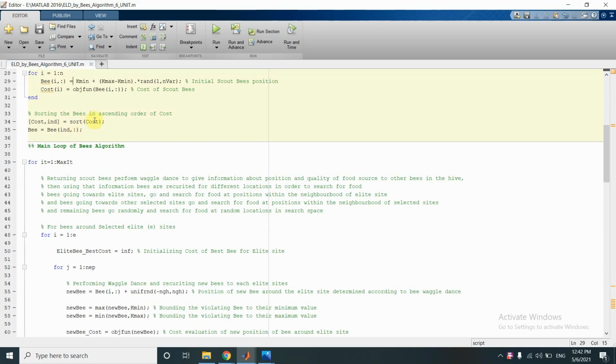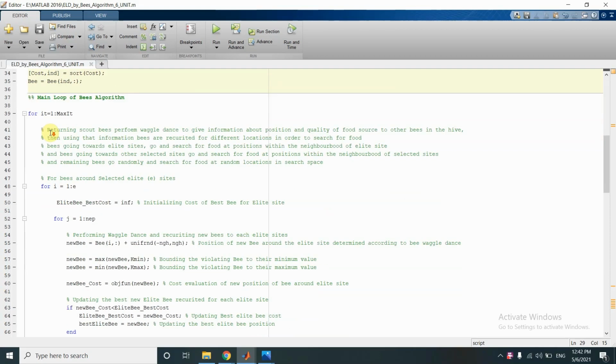And once we have sorted the cost, accordingly we sort the bees as well. So this cost gives the sorted cost array, and this index gives the indices in sorted order, and according to these indices we then sort the bee positions as well.